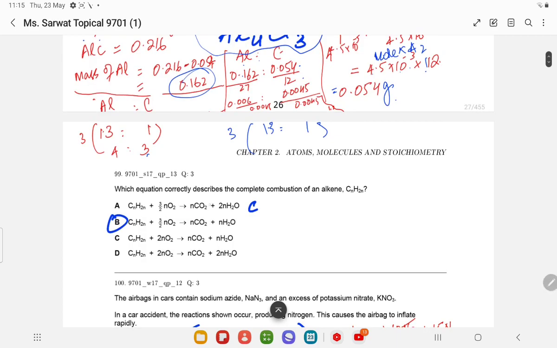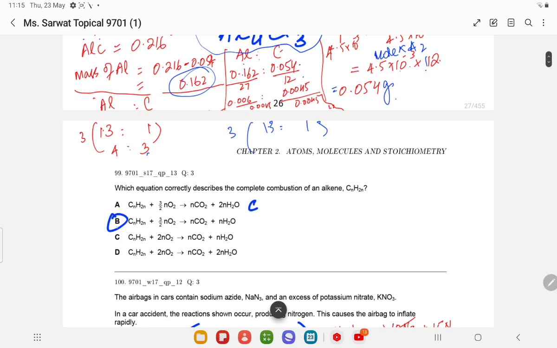Which equation correctly describes the complete combustion of an alkene CnH2n? CnH2n plus 3/2 nO2 gives nCO2 plus nH2O. So this is correct because for CnH2n, water has 2 hydrogens, and oxygen is O2.